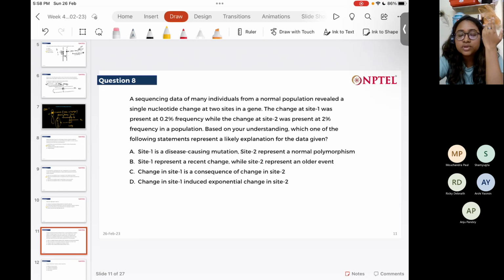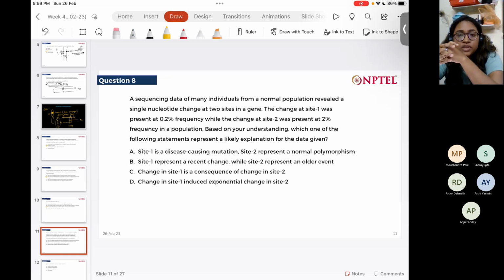So option A doesn't match what is given in the question. Then there is option C. How is it that the change in site 1 is a consequence of the change in site 2? How are the changes in these two sites related? Are we given a relation in this question? No, right? So option C is also not correct.